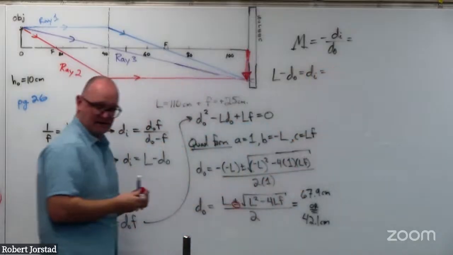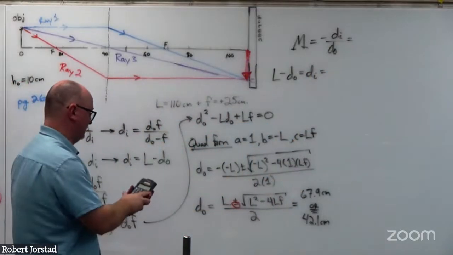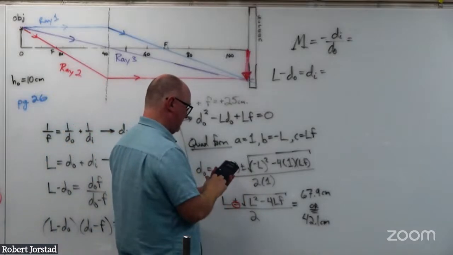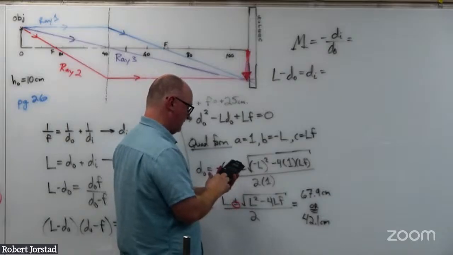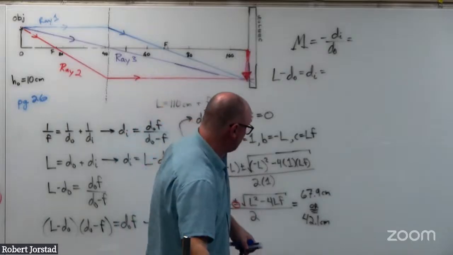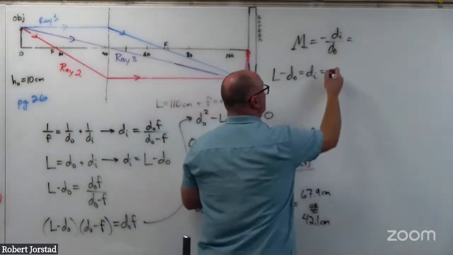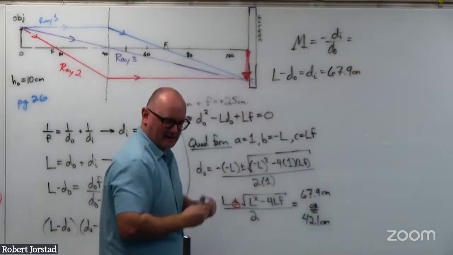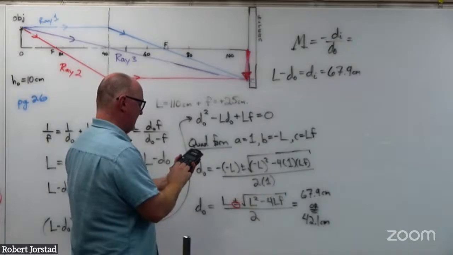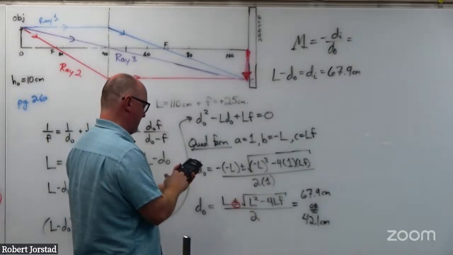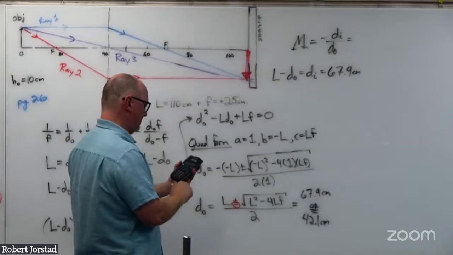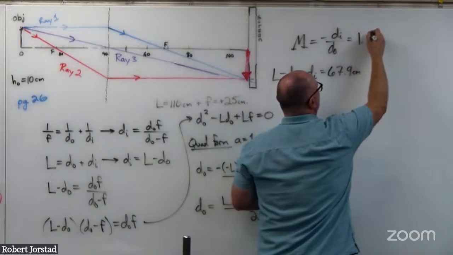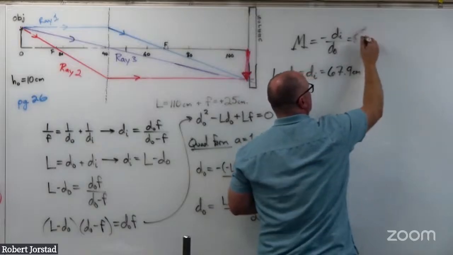So we have that calculation. 110 minus 42.1 is 67.9. So this magnification should be negative 67.9 divided by 42.1, about negative 1.6.